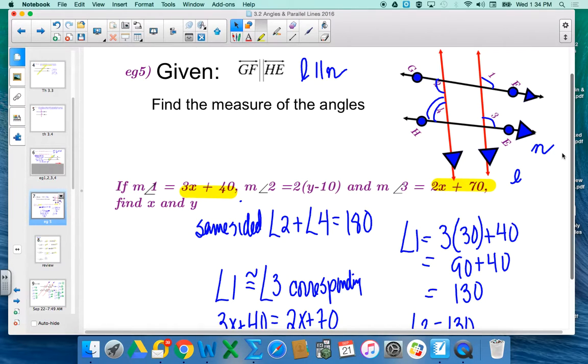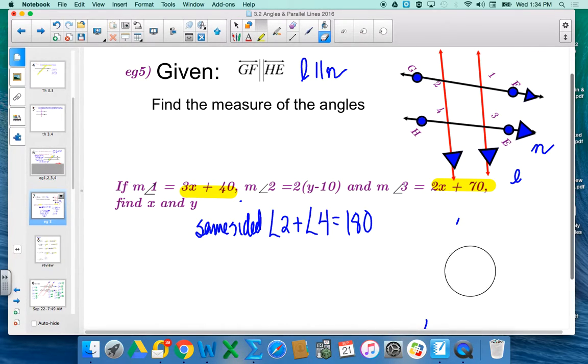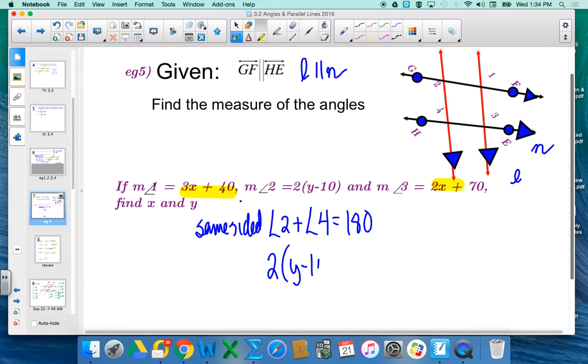Everybody got this? I'm going to erase this to get angle 2. Alright, so we said that angle 2 plus angle 4 was equal to 180 degrees. So if we plug this in for angle 2, we have 2 times (y minus 10) plus angle 4 is equal to 180.